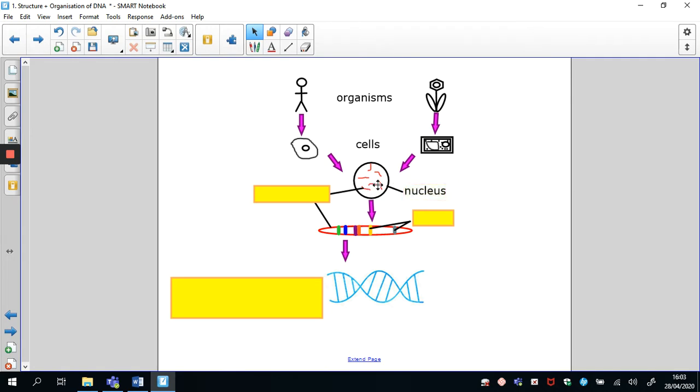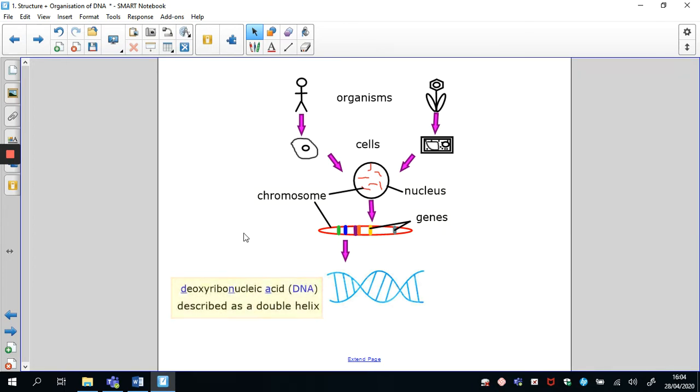And within the nucleus, you should know from National 5 that we have lots of chromosomes. So these little red things are chromosomes, and this is one of the chromosomes. And hopefully you know that on a chromosome, you've got lots of genes. And if we look really closely at the chromosome, so we could be looking within one gene, we see that it is made of this funny looking thing, which is DNA.